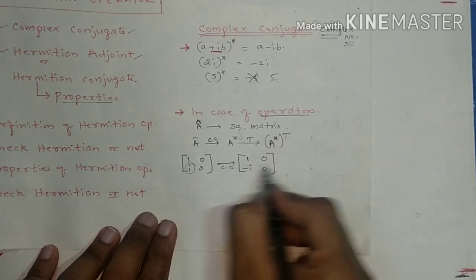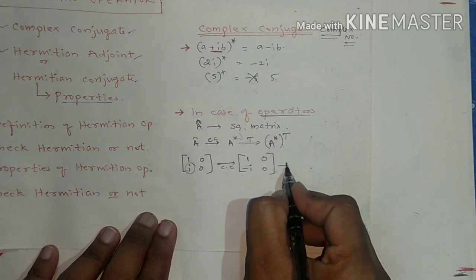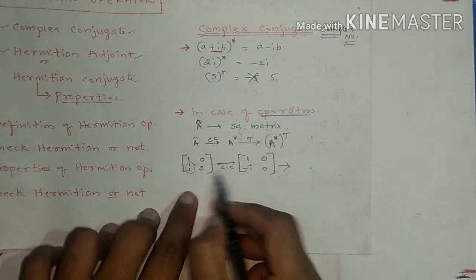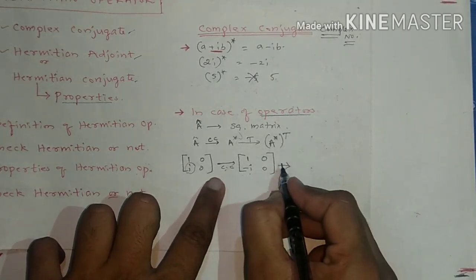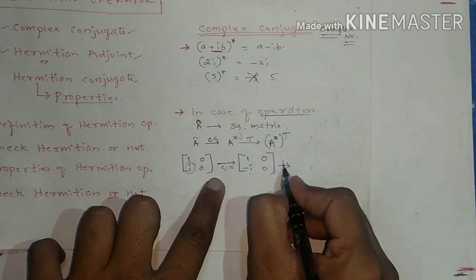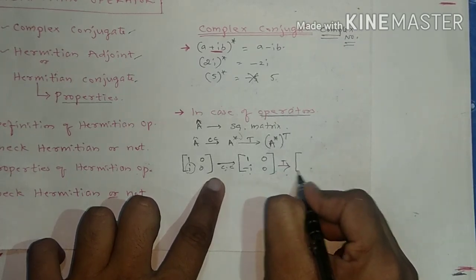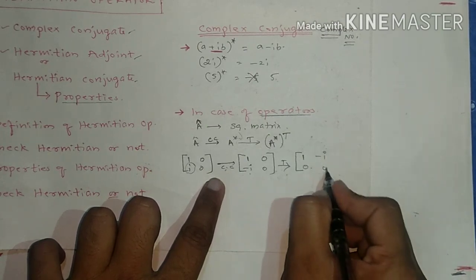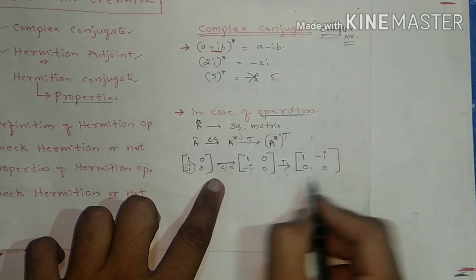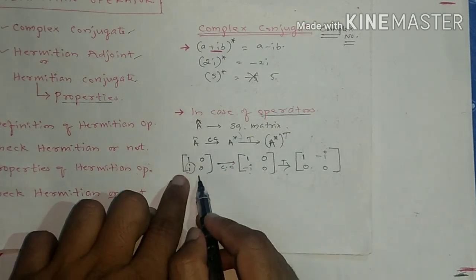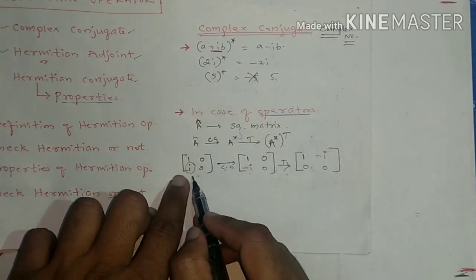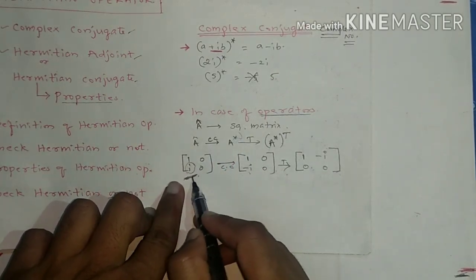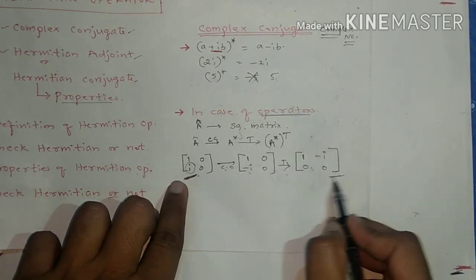Let us do it here. First we have done the complex conjugate. Now let us take the transpose of this one. So what we get is 1 minus i 0 0. After doing two operations for this operator, we obtain this.